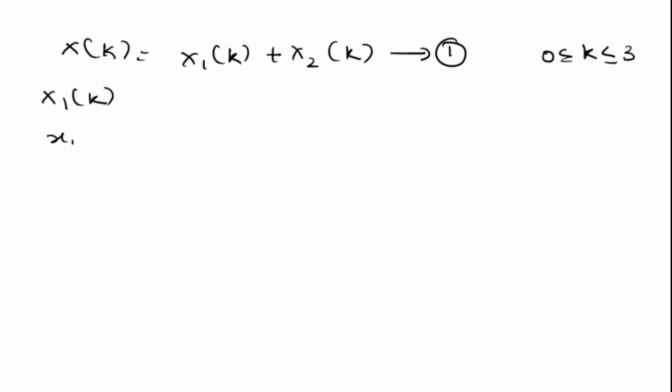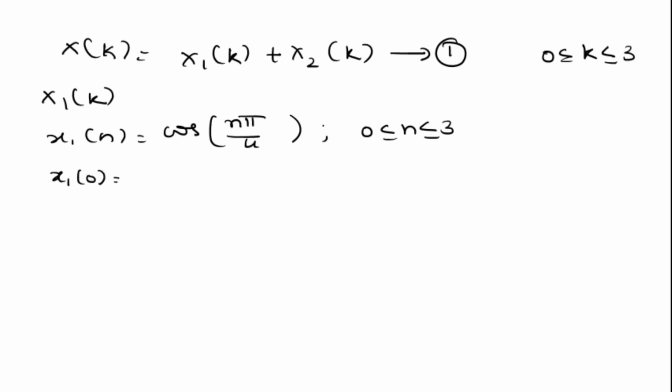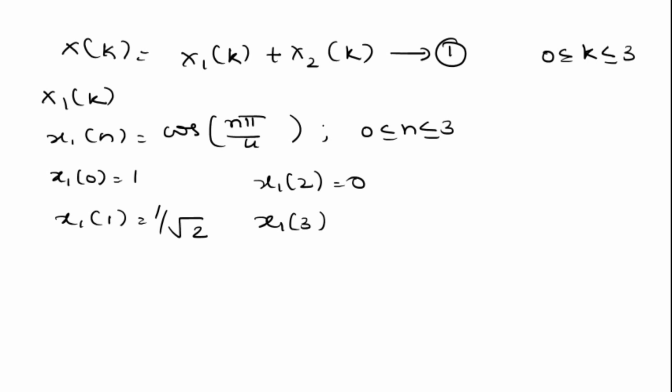It is given x1 of n is equal to cos of n pi by 4, where n varies between 0 to 3. Then x1 of 0 is 1, x1 of 1 is 1 by root 2, x1 of 2 is equal to 0, and x1 of 3 is equal to minus 1 by root 2.